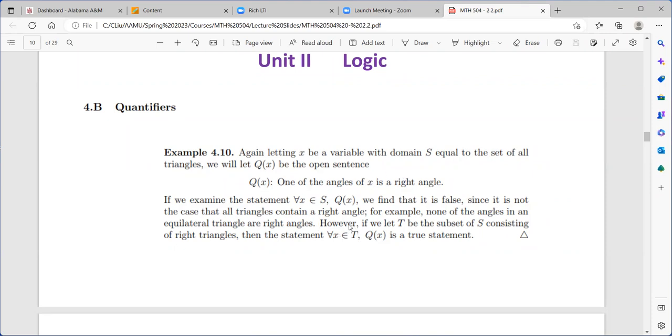So x is any of those. Then if we plug this into the open sentence Q, it says one of the angles of any right triangle is a right angle. Obviously that's true. In a right triangle, you have an angle which is a right angle. That's the definition of a right triangle, actually. All right. So that's the end of today.